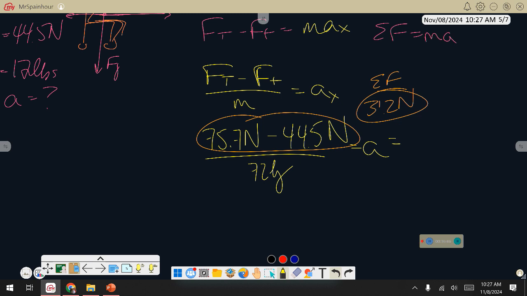In the previous example, when he was at a constant velocity, friction would have been 44.5, force tension also would have been 44.5, and 44.5 minus 44.5 would have given you 0. Doesn't matter what you divide by, the acceleration would still be 0, and that's exactly right. He accelerated at 0 meters per second squared because he was at a constant velocity.